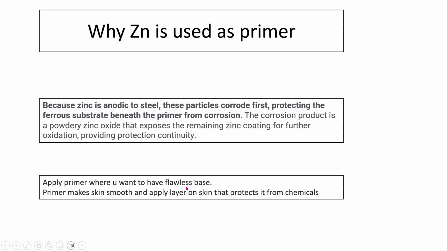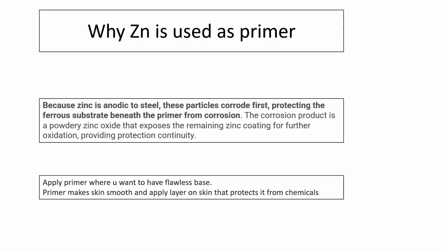When you apply primer, you get a flawless base. Primer makes the skin smooth. Not only that, it will not allow iron to corrode. It corrodes itself, and when it corrodes itself it makes zinc oxide, and then the zinc primer also remains safe.